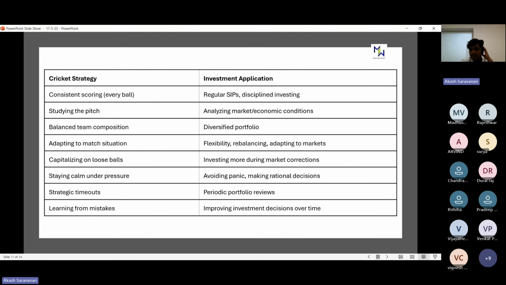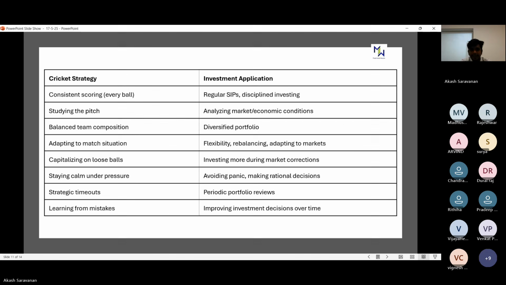So you don't need to depend on one player to achieve all the return. You need a balanced approach, so that if some players lag, the others contribute to the overall win of your portfolio or your team. And the main thing is you need to adapt as the situation changes, and bring the necessary changes required into your portfolio.